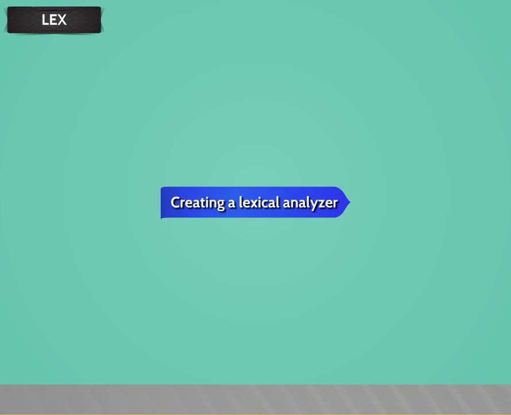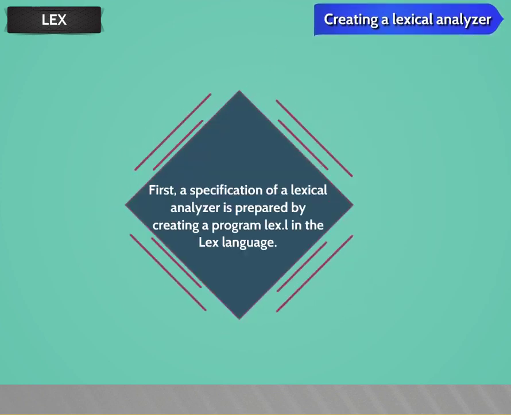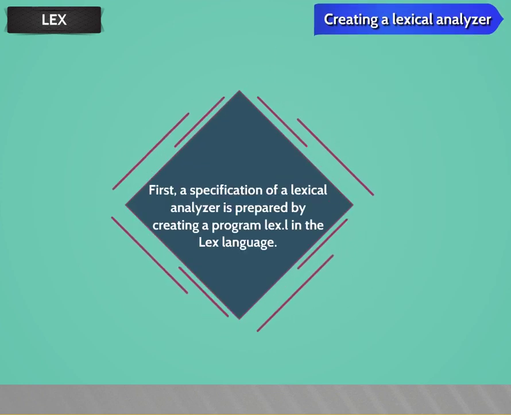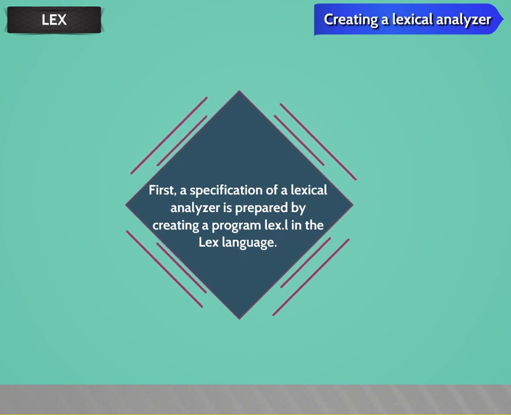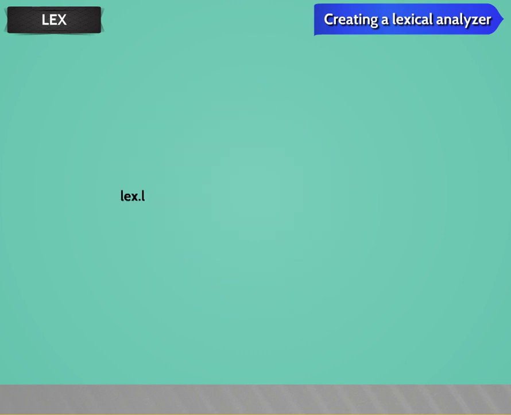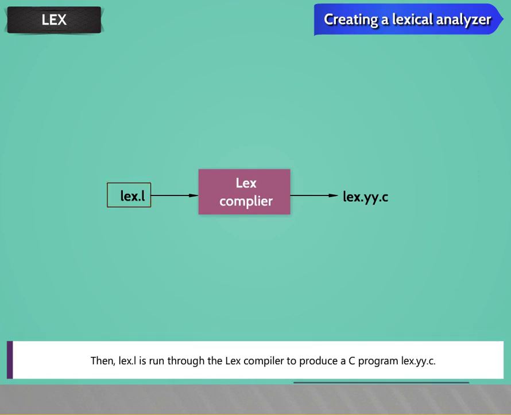Creating a lexical analyzer. First, a specification of a lexical analyzer is prepared by creating a program lex.l in the Lex language. Then, lex.l is run through the Lex compiler to produce a C program lex.yy.c.